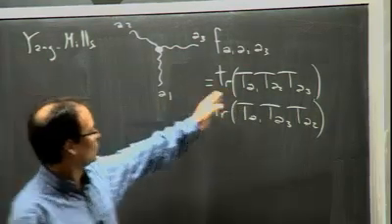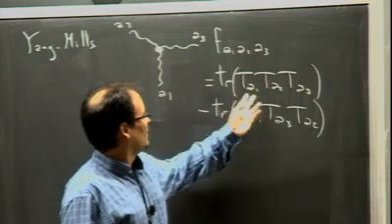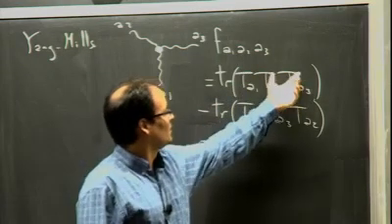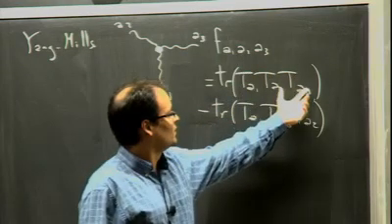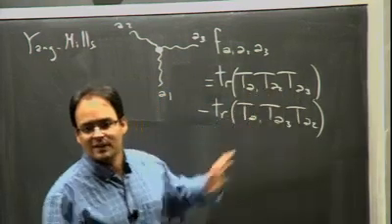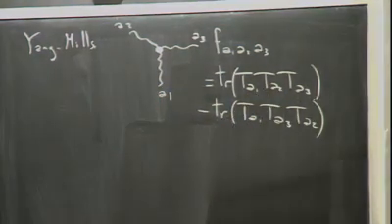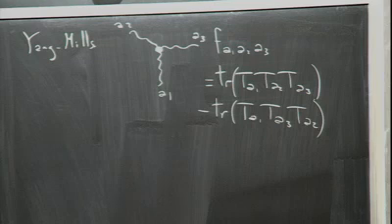Of course, it should be the trace of the generator T^A1 and the commutator of the generators T^A2 and T^A3. But you're going to see why I decided to split it up and write it as different traces. Okay?